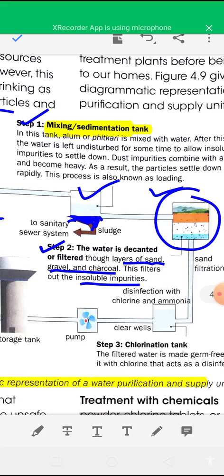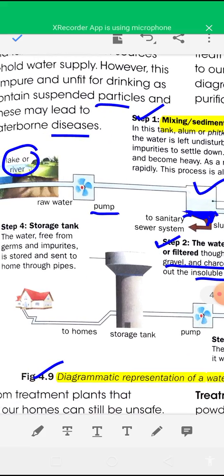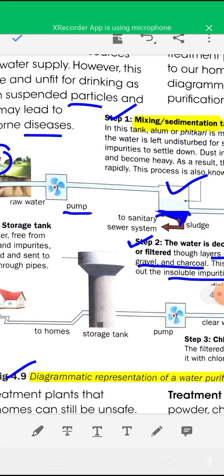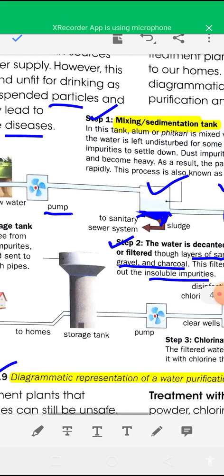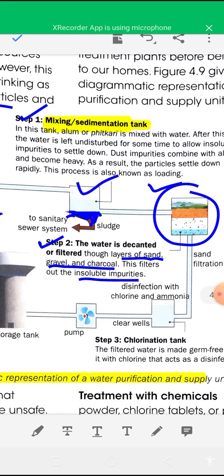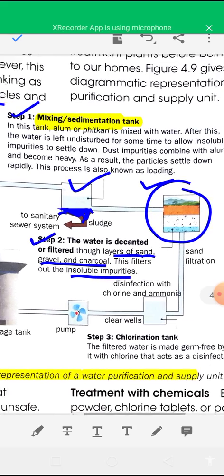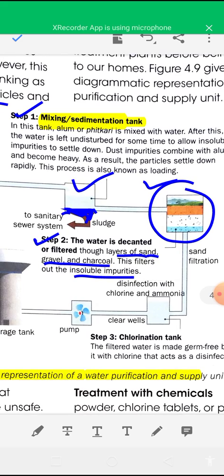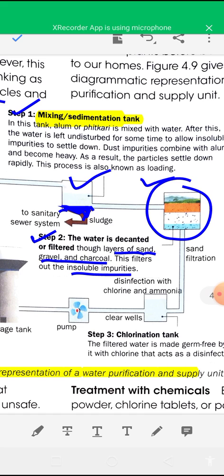So first step is the mixing or sedimentation tank. You have to pass river water or lake water into it. In this tank, you use alum or fitkiri, which combines with the impurities or dust particles present in water, and the particles become heavy.